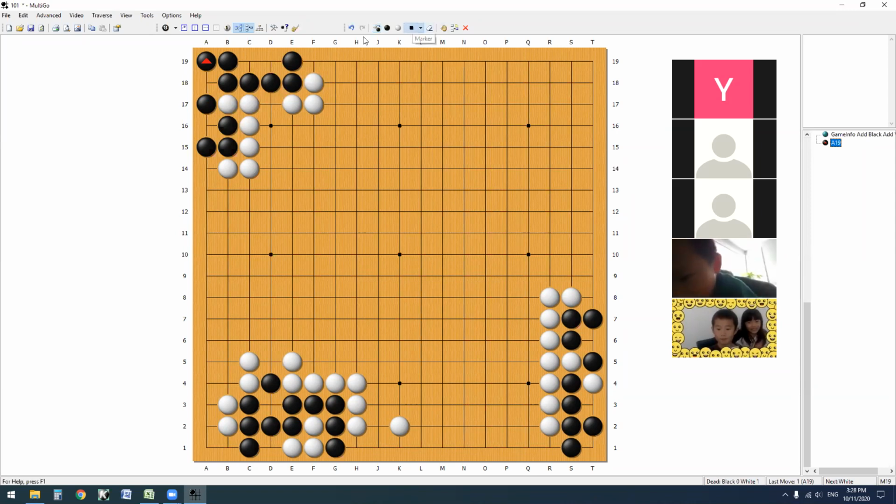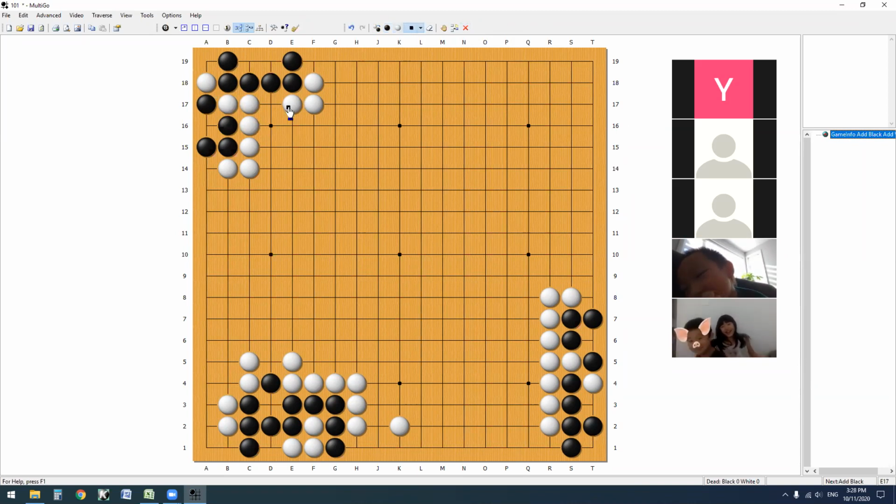Why don't you go to A18? If you go to A18, then you don't have any eye at all, because we started like this. So there's no way for you to make two eyes, basically.